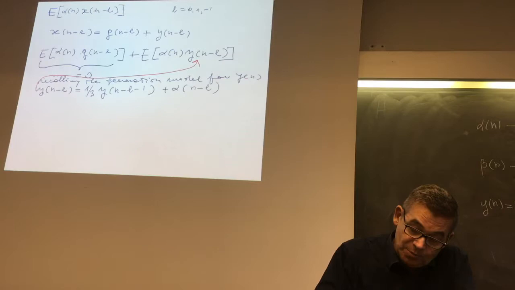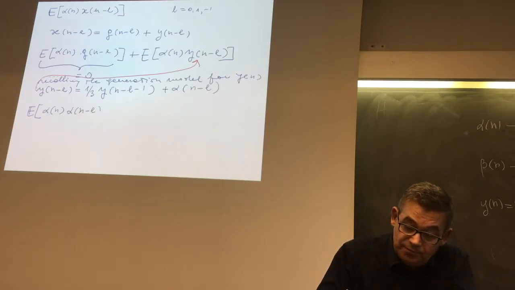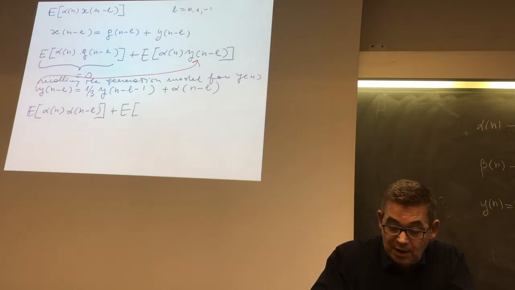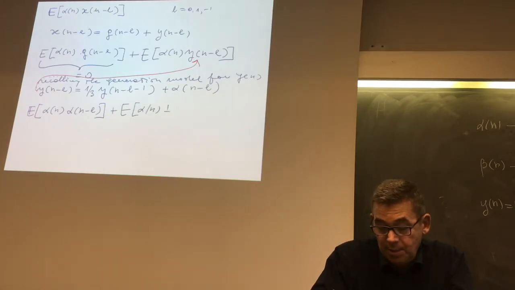So I need to compute just the expectation of alpha n, then I have alpha n minus L. Then it is plus expectation of alpha n, times 1/3 yn minus L minus 1.